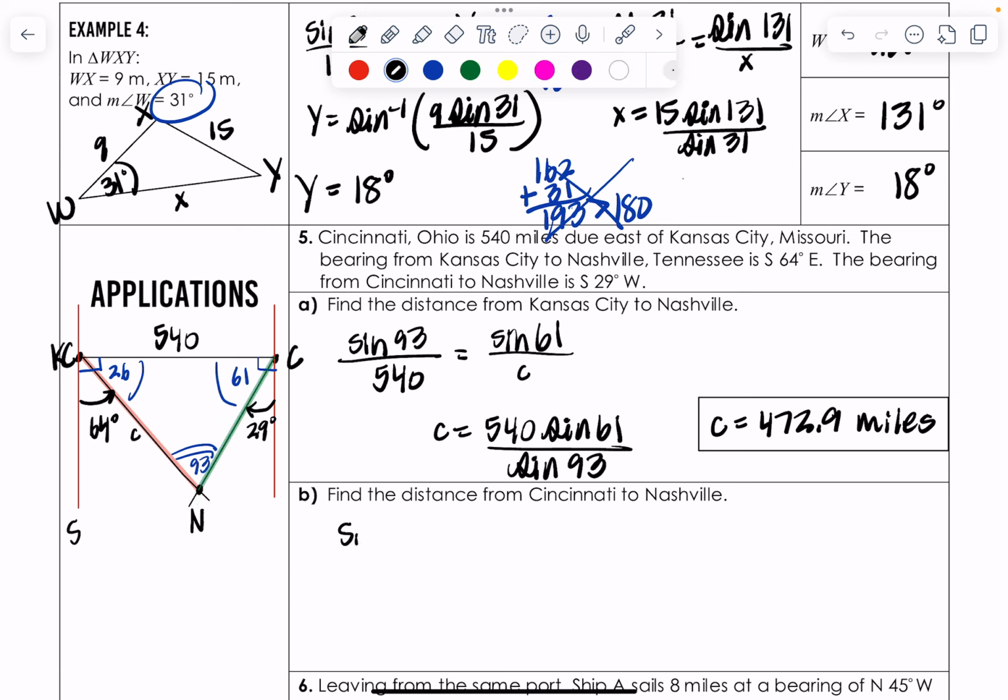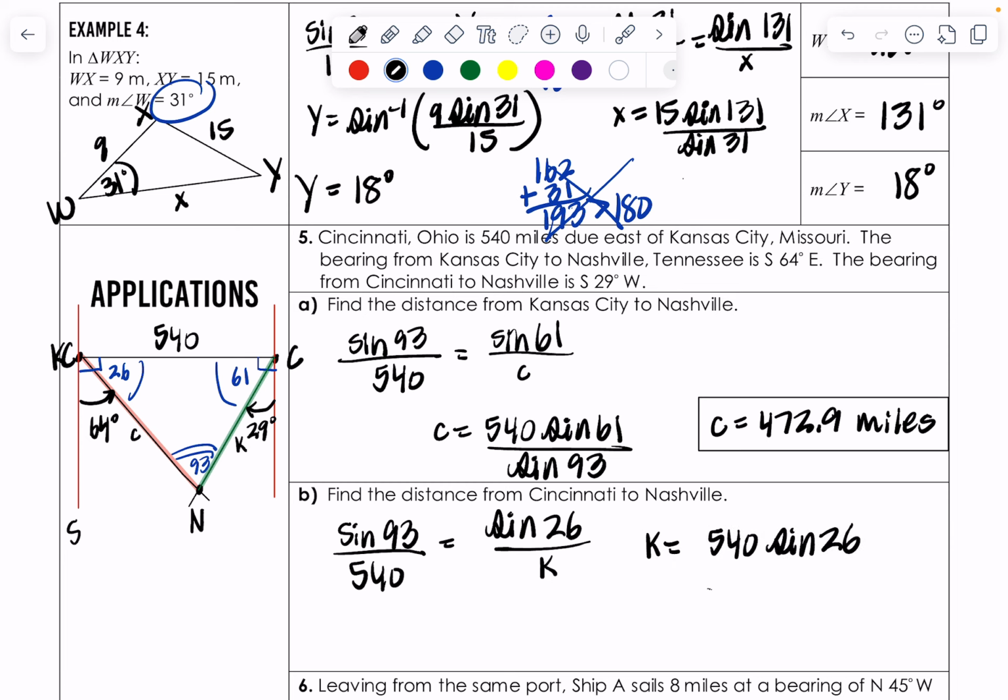So we could do sine of 93 over 540 equal to the sine of 26 over, I'm going to call that little k, for the first letter. And cross multiply and solve. So k would be equal to 540 times the sine of 26 over the sine of 93. So k is 237 miles.